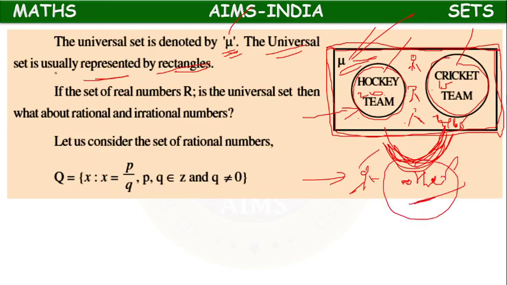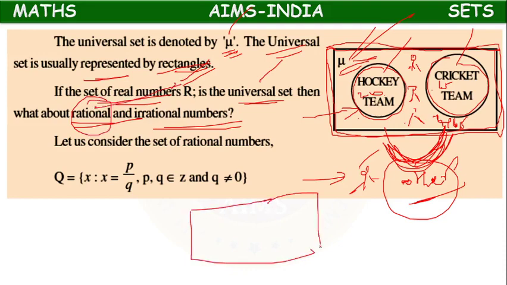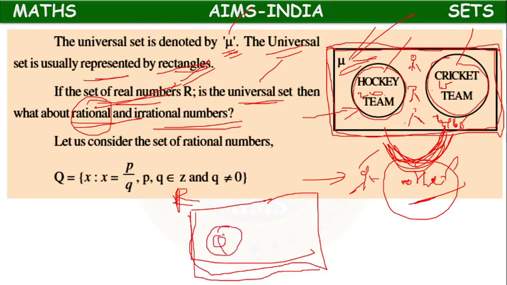Okay. So next, set of real numbers is the universal set. Then what about rational and irrational numbers? If the set of real numbers R is a bigger circle, then rational numbers Q will be inside the real numbers.